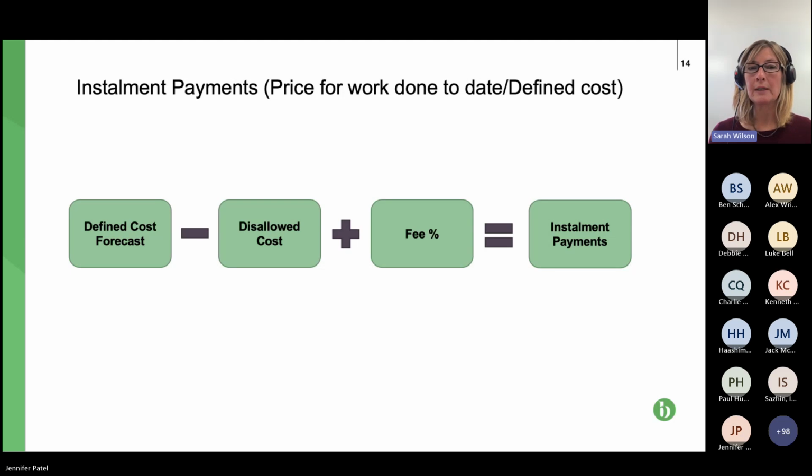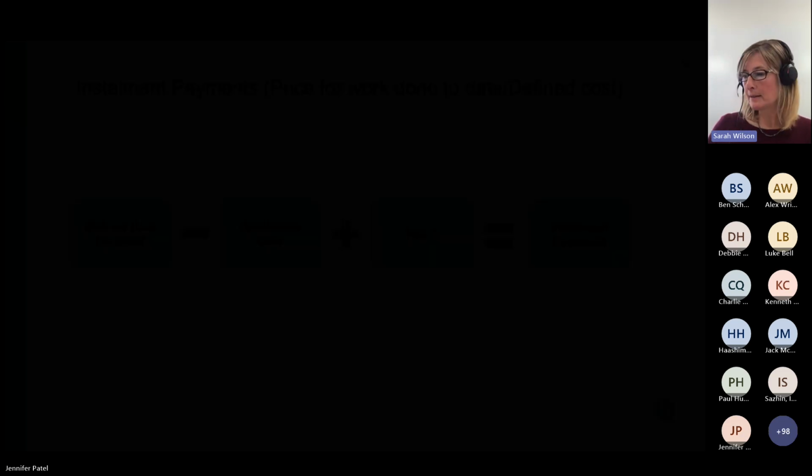I don't think you'll find anything that talks about instalment payments; that's just my colloquialism. The calculation here, we've seen this: the defined cost minus the disallowed cost plus the fee percentage equals the monthly instalment. So if we can move on to the next slide, please.